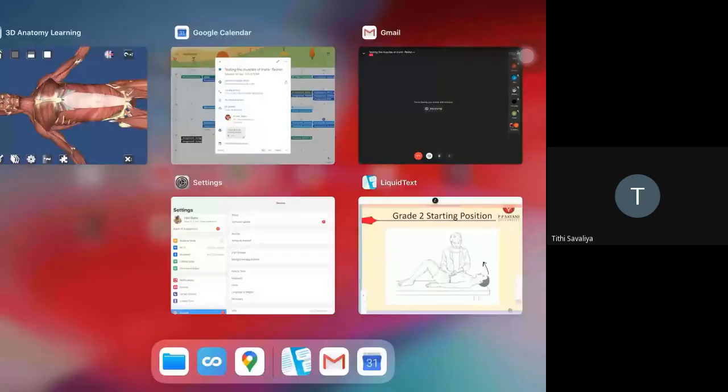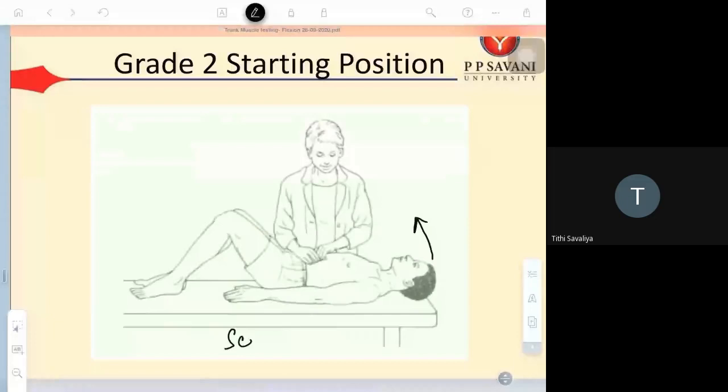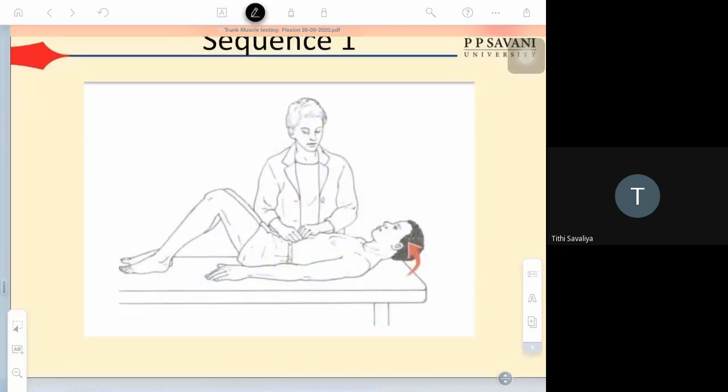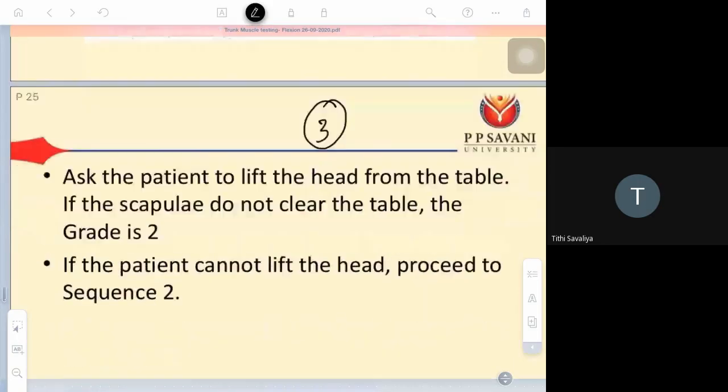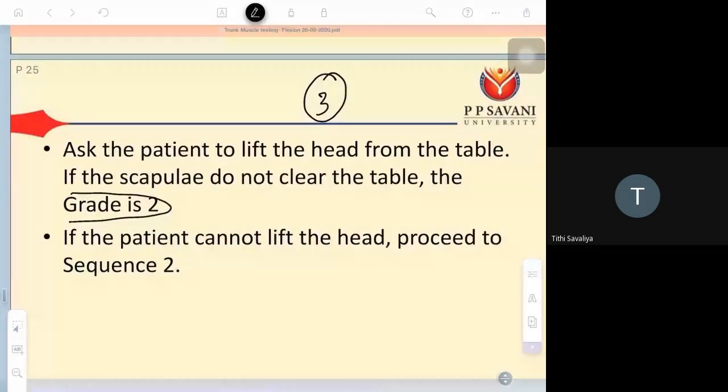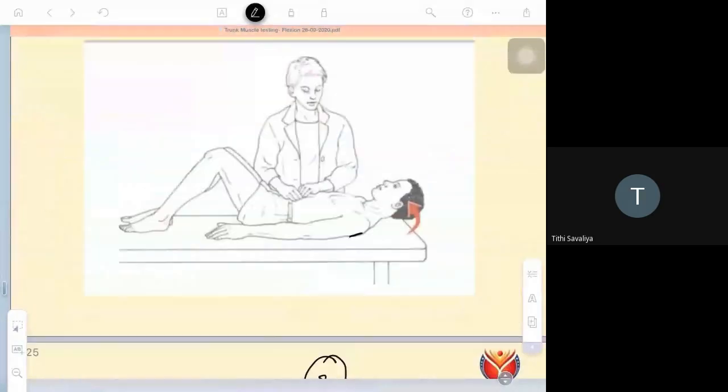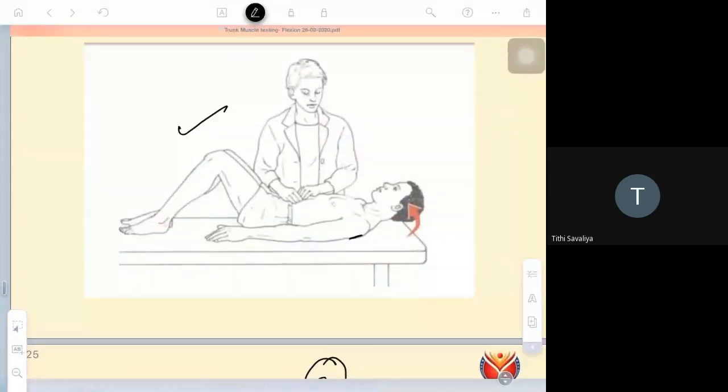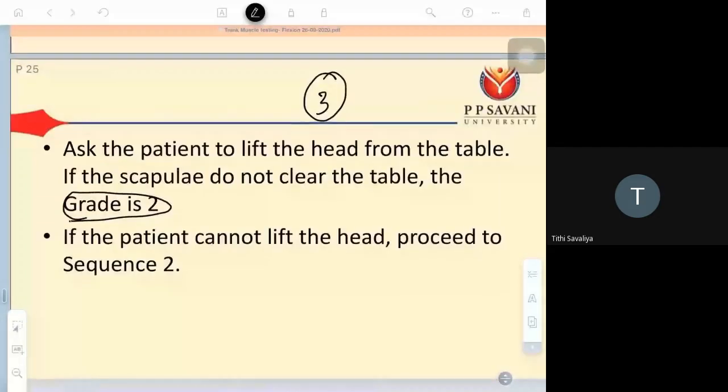If the scapula is not cleared, then the grade is 2. Clear? In this starting position, if the scapula is not cleared, then the grade is 2.